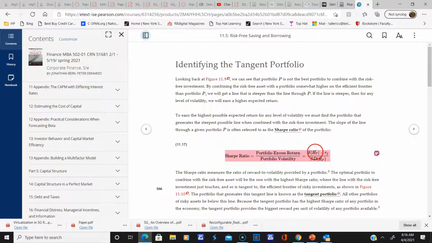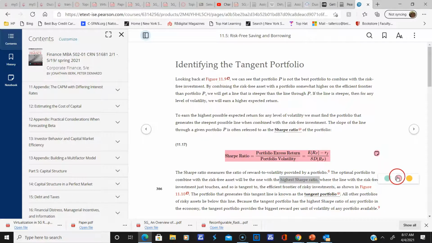It gives you the expected return of a very specific portfolio that you set up, minus the risk-free rate, over the standard deviation of the portfolio. So this is giving you your excess expected return above and beyond the risk-free rate per unit of standard deviation. The higher this number, obviously, the better, so you want something with the highest Sharpe ratio.